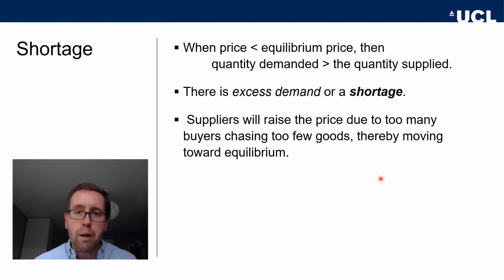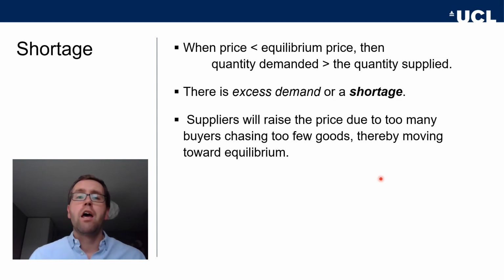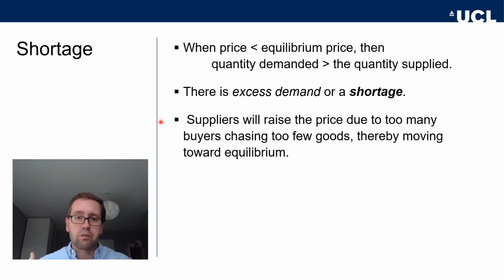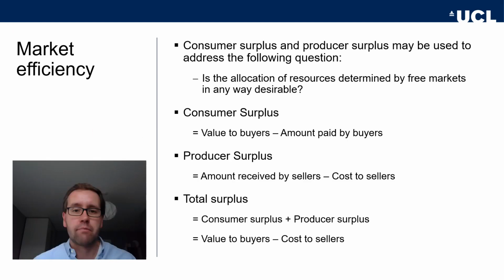Suppliers will be able to increase the price up to the point where supply meets demand. So again, if the price is too low, there's a self-correcting mechanism to fall back towards the equilibrium price.